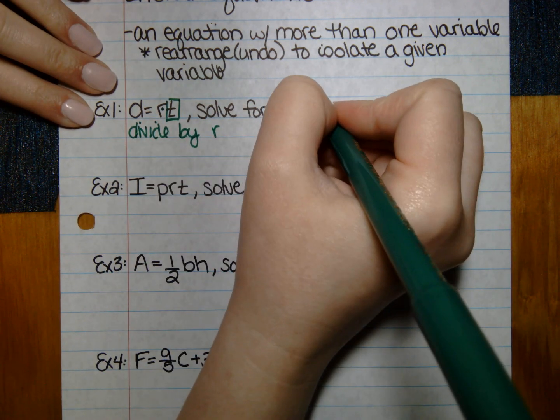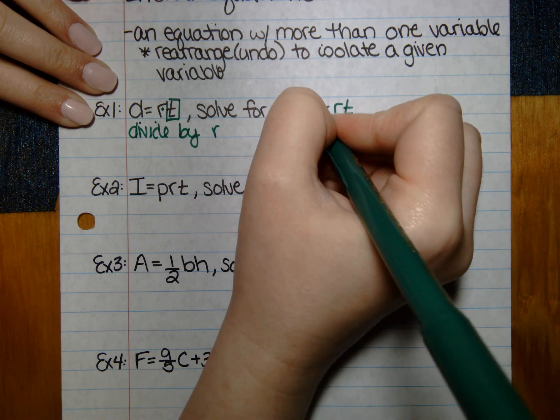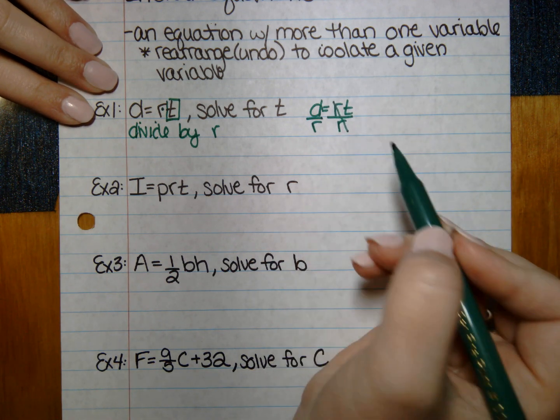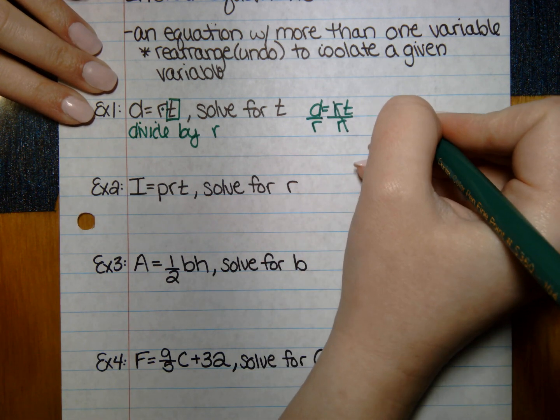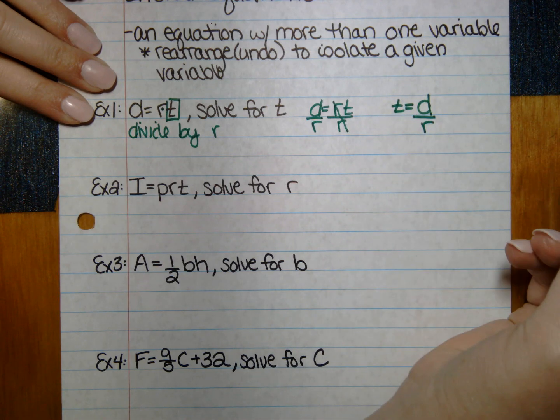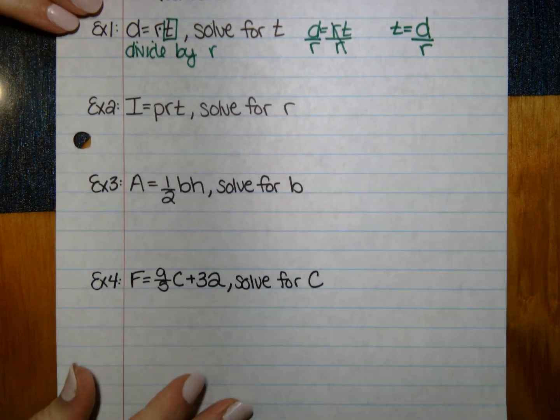So if I have d is equal to rt, if I divide both sides by r, r divided by r is going to cancel. So my t is going to equal d over r.